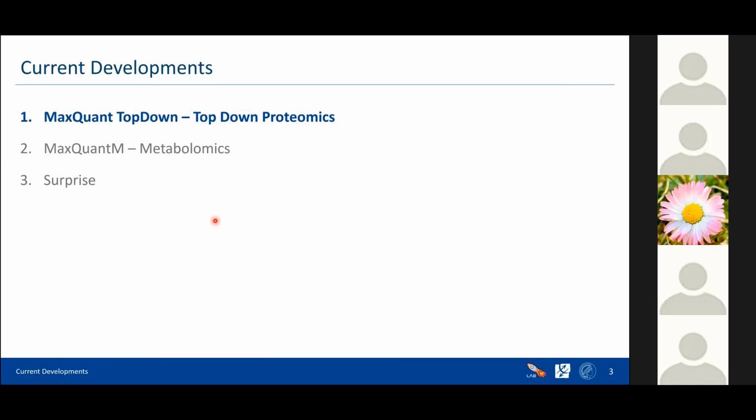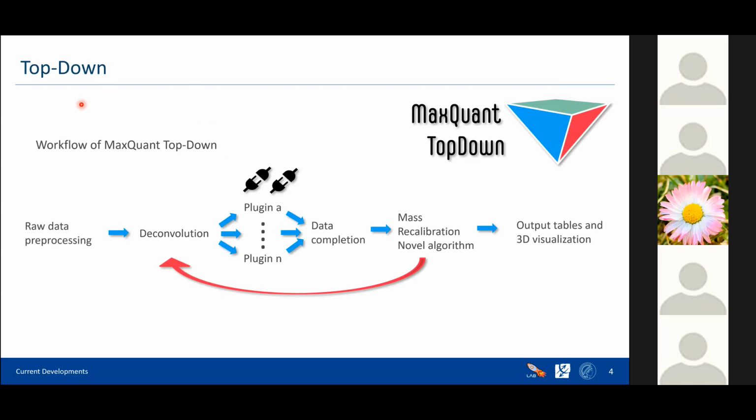So first, MaxQuant top-down. Many people were asking about top-down proteomics already, just now. So what are we doing there? Of course, we try to make a MaxQuant version that can do top-down proteomics. But top-down proteomics is much harder than bottom-up proteomics for several reasons.